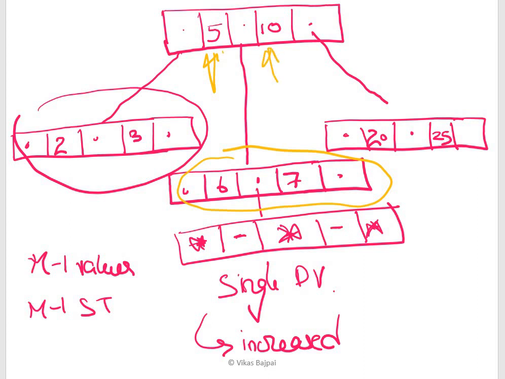So that means greater than 5 and lesser than 10. For this particular part, the values will be of course always greater than 10. So we have like 12 and then 20 and 25, right? So this particular concept remains as it is with the one which we started following from our binary search tree.